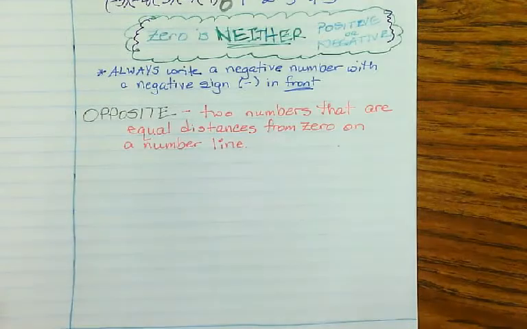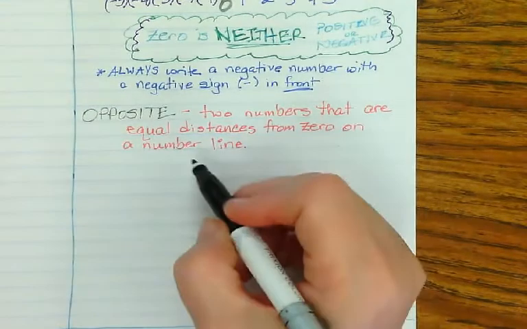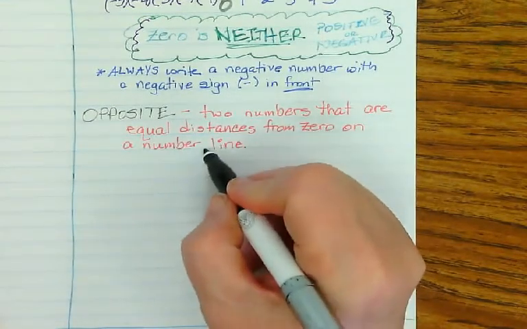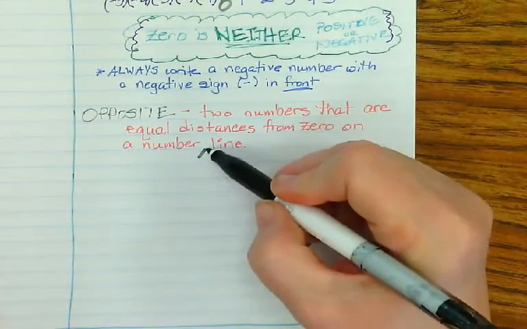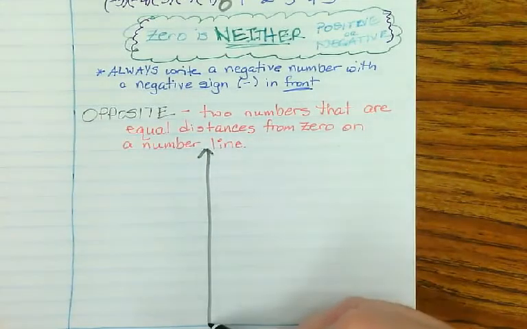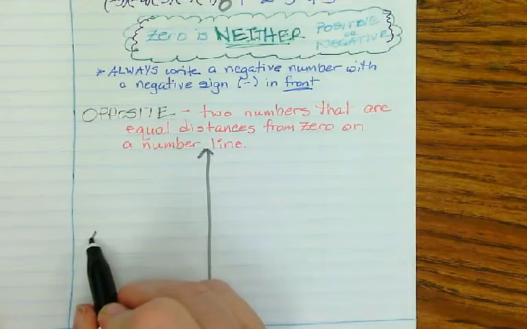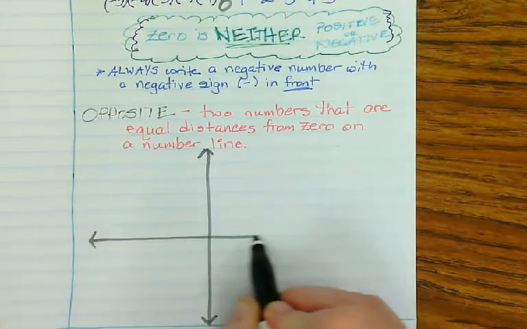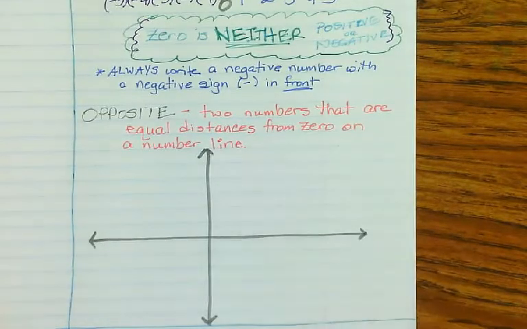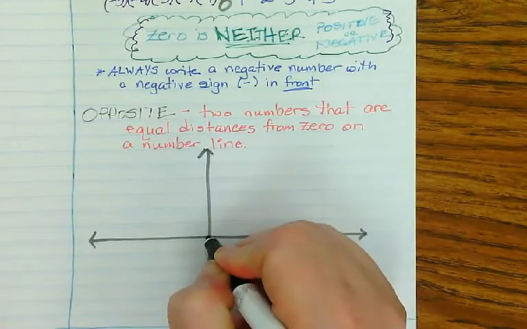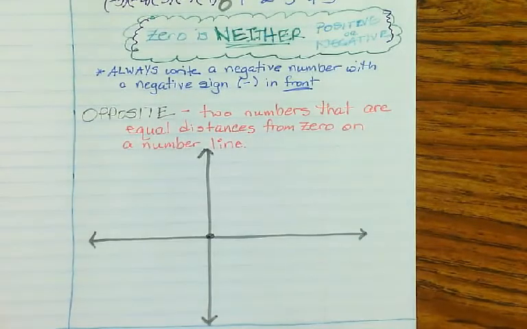We'll get there, another lesson, but I want to set you up for that. So, I'm going to draw a number line this way, and then one that goes this way. They cross over each other. This right here is 0.